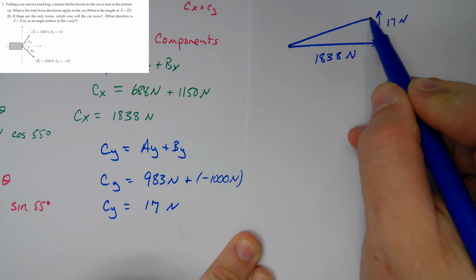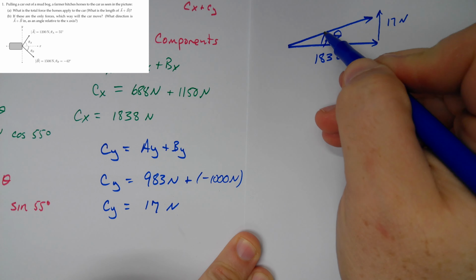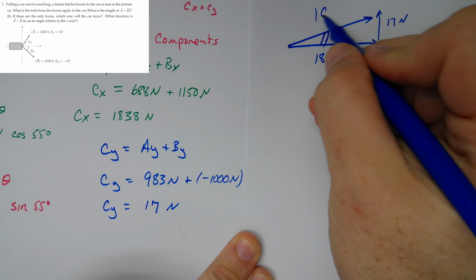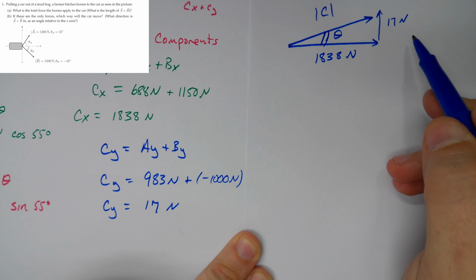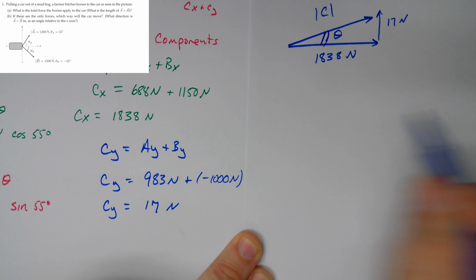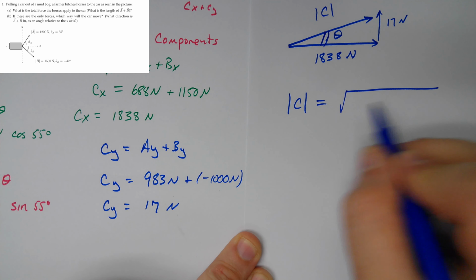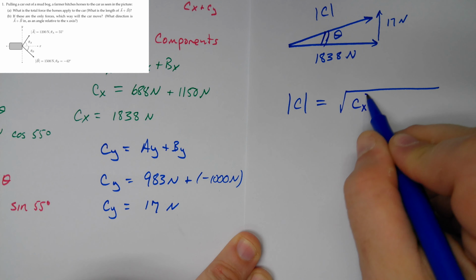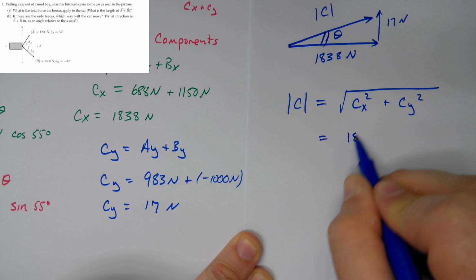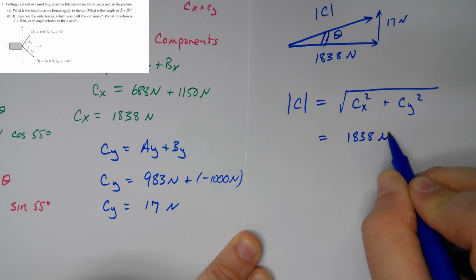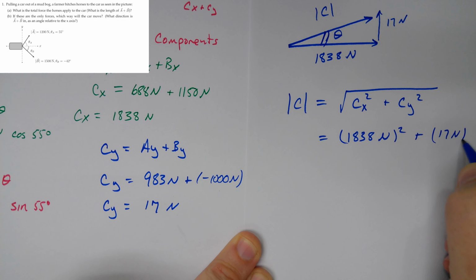There's going to be an angle in here, theta, and then there should be the length of this vector. This length comes from the fact we have two sides of a right triangle, so we can get the third one. This length is going to come from Pythagorean theorem, from cx squared plus cy squared. So we'll have 1838 newtons squared plus 17 newtons squared.